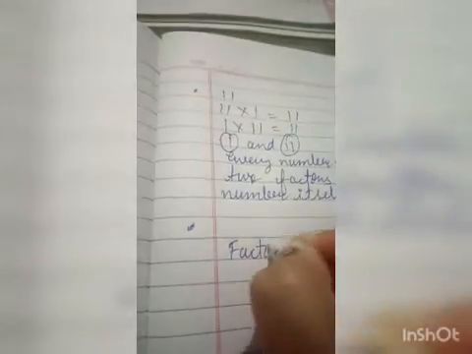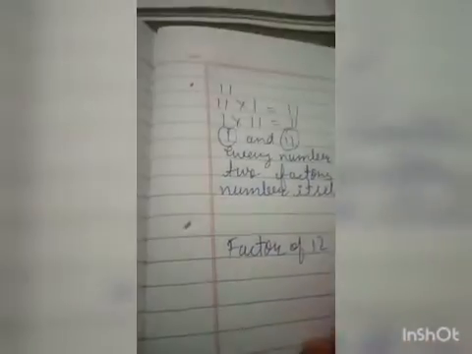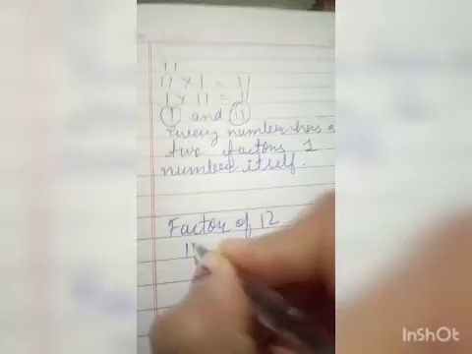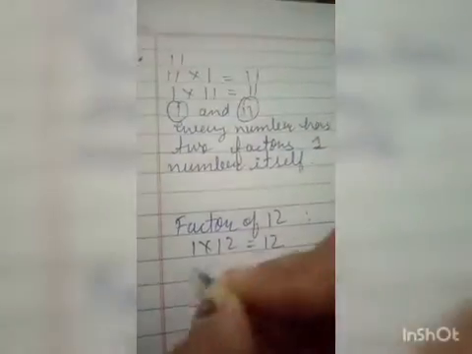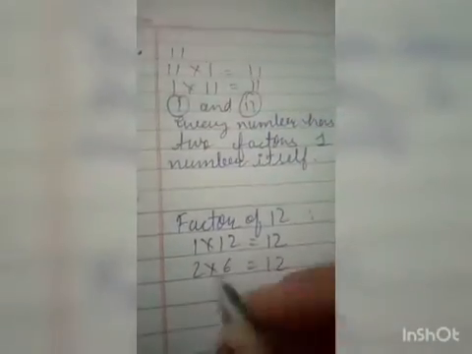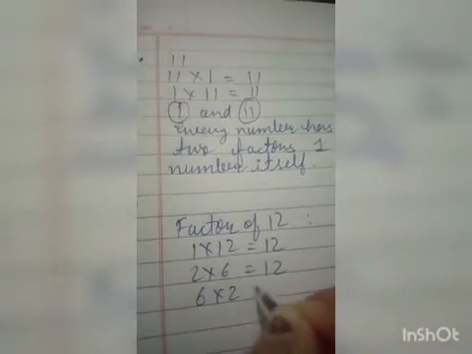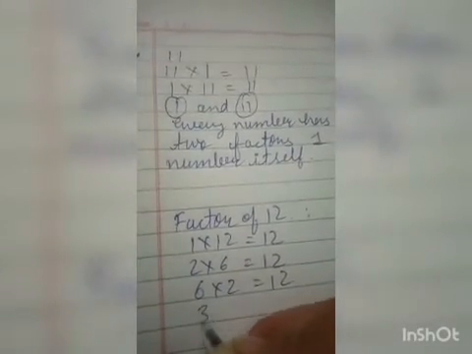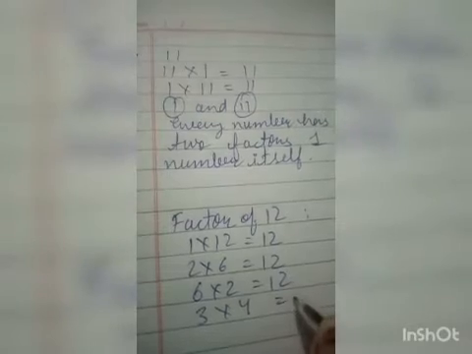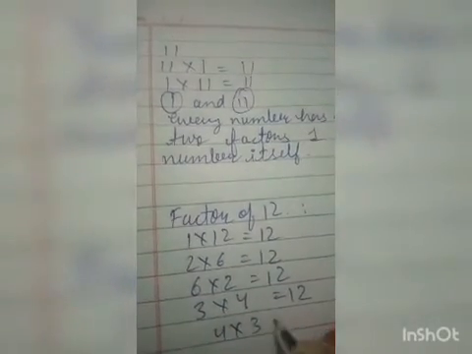Next one is: a factor of a non-zero number is either less than or equal to the number. For example, what are the possible factors of 12? 1 twelve is 12, 2 sixes are 12, 6 twos are 12, 3 fours are 12, and 4 threes are 12.